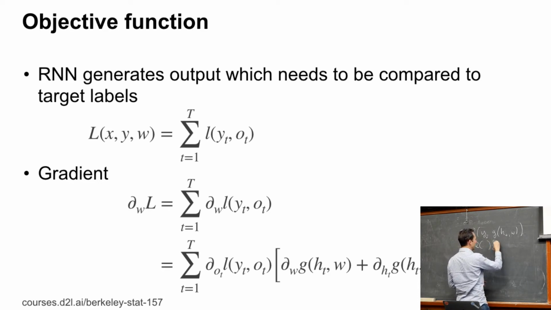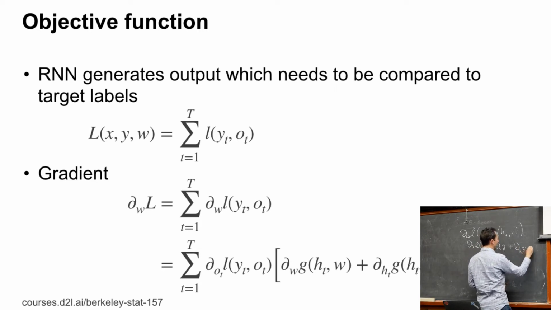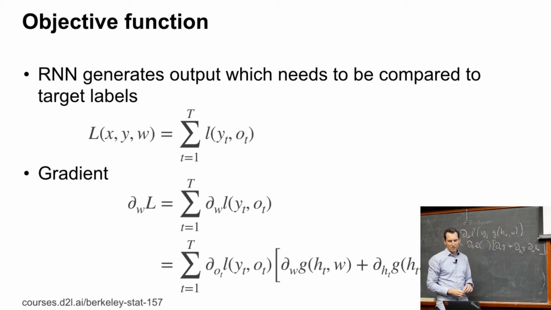Namely, I have dG/dW plus dG/dHT times dHT/dW, right? That's just basic chain rule.